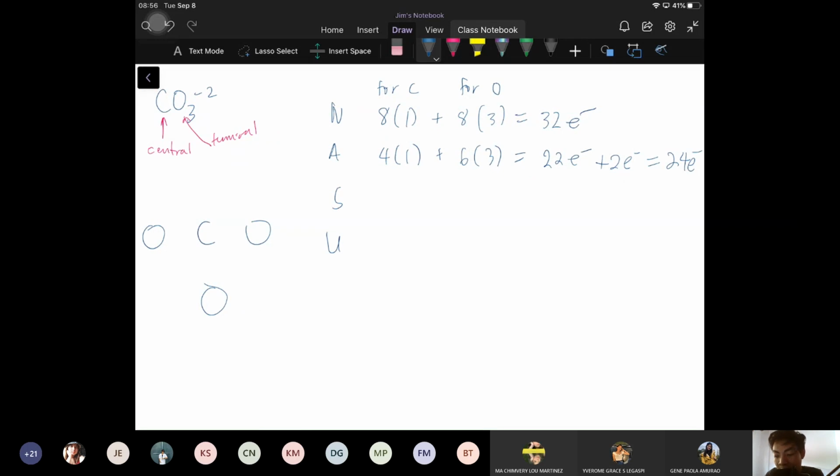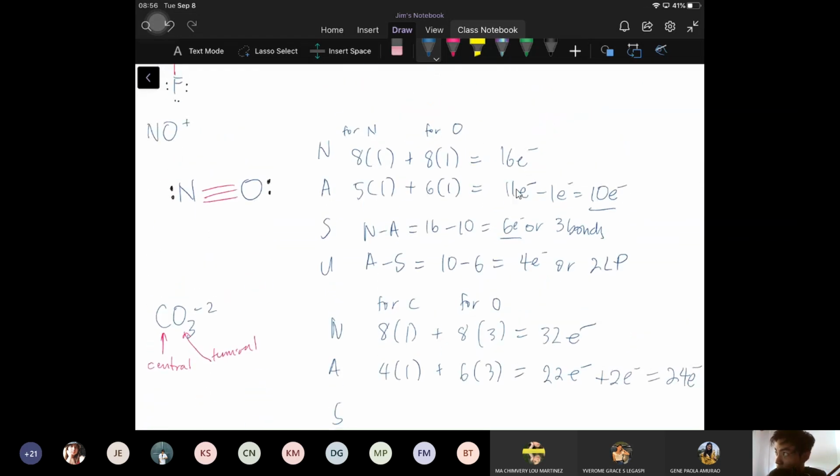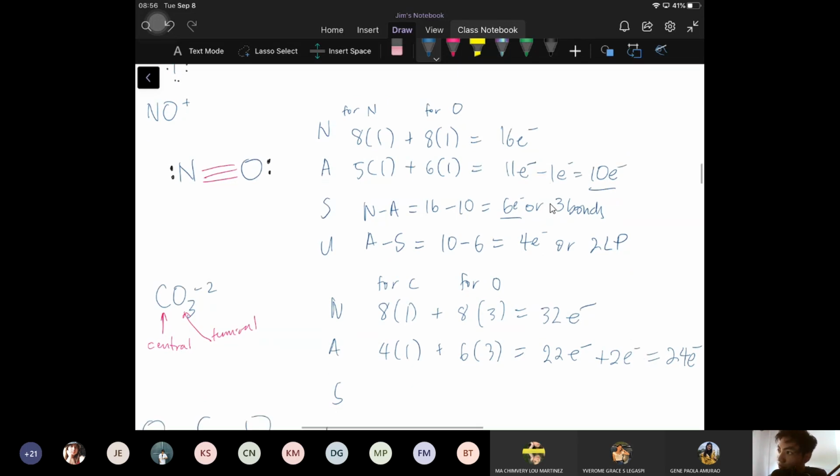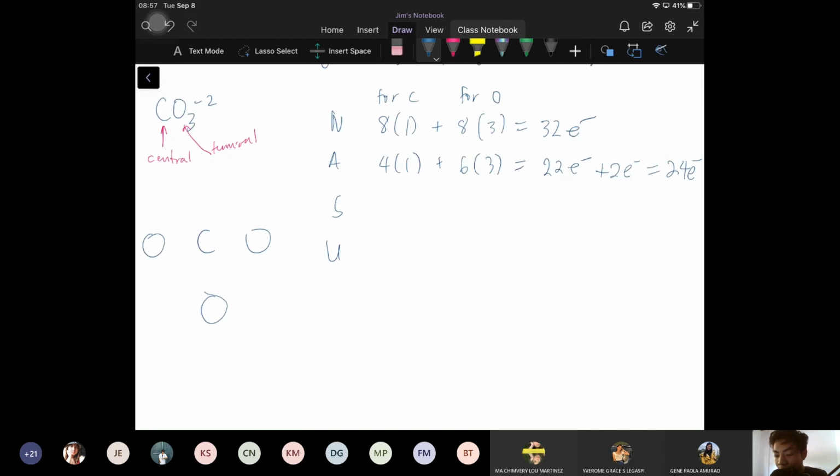Okay, so ganun yung idea. Pag negative, you add the electrons. Pag positive, you subtract the electrons. Okay, so ganun lang. Ayan. S, the shared electrons.